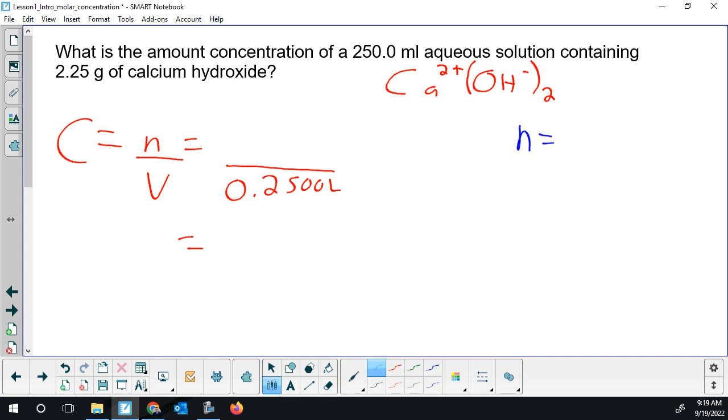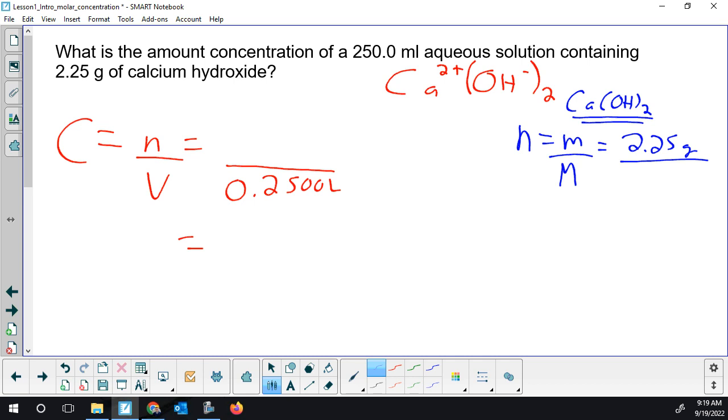Once we have that, we're good to go. Moles of calcium hydroxide: mass, divide by molar mass. Solutes tend to be solids, don't have to be. 2.25 grams. Now again, we look up the mass of 1 calcium, 2 O's, 2 H's.